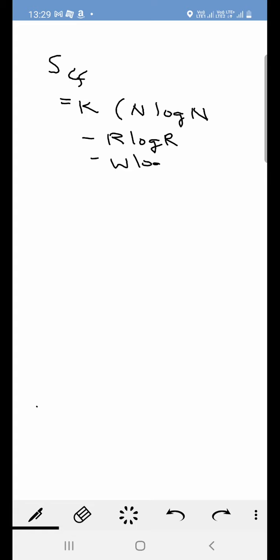It is equal to k times [n log n, the total number of atoms, minus R log R minus W log W].